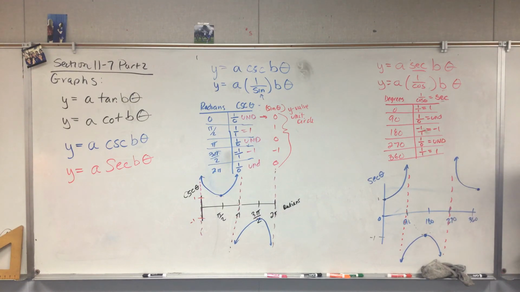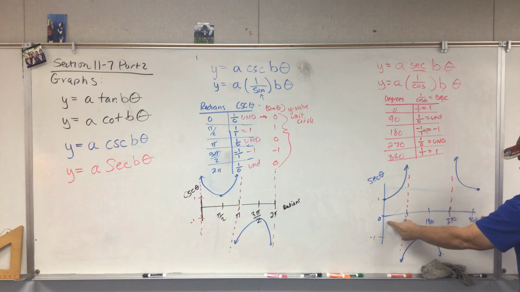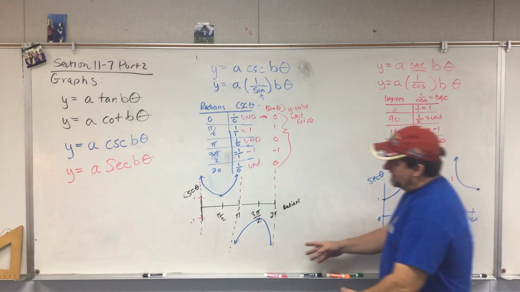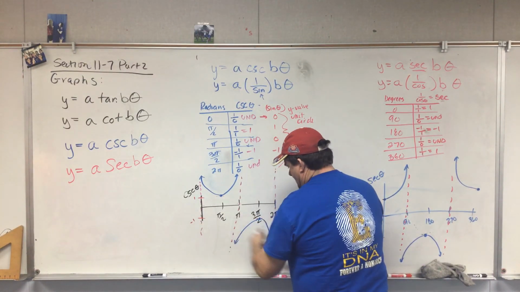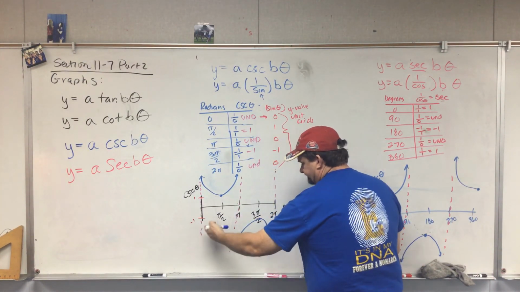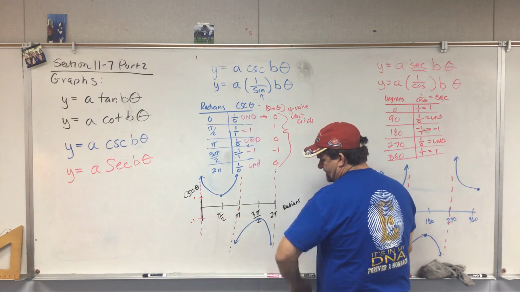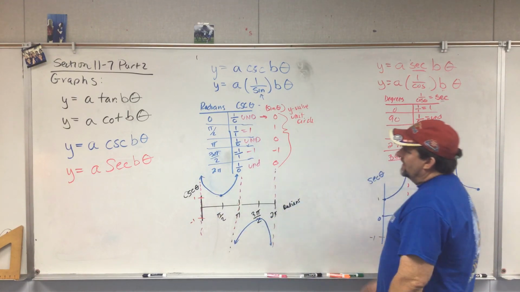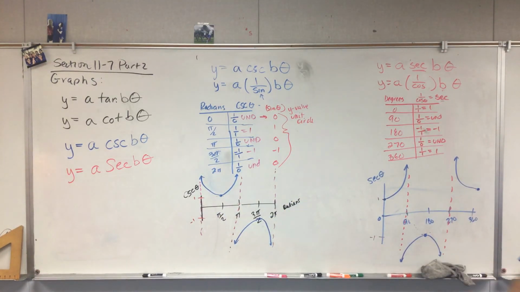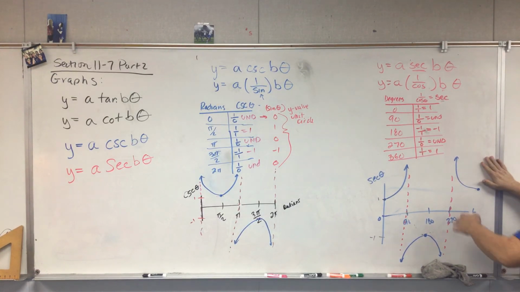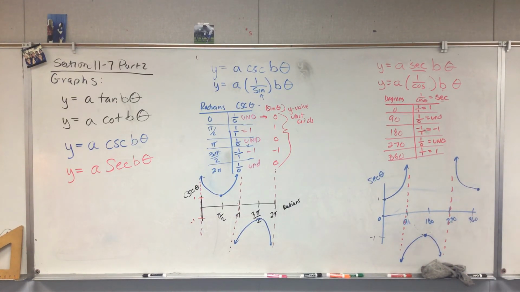So that is what my secant graph looks like. It repeats its pattern every 360. Same thing here, it repeats its pattern every 2 pi. So the periods don't change between sine and cosine. They're still going to be 2 pi long.